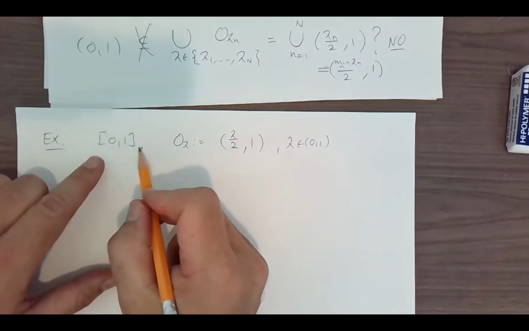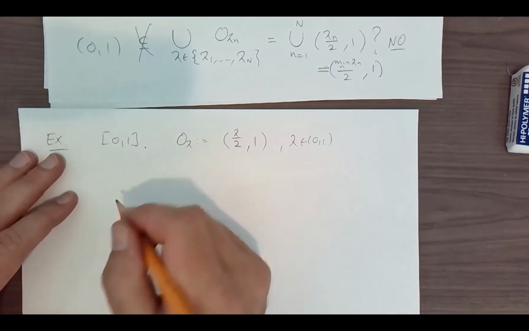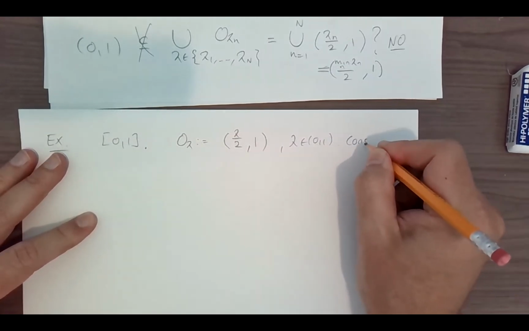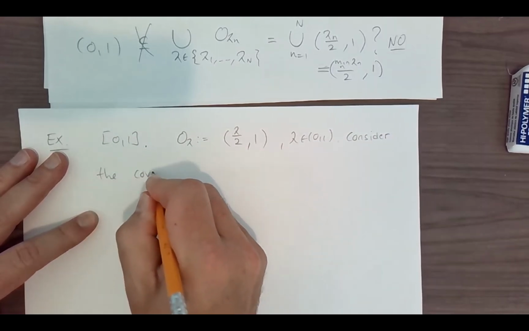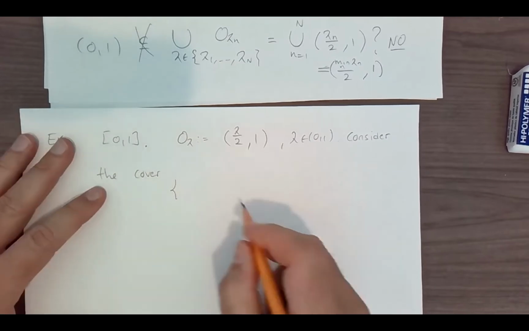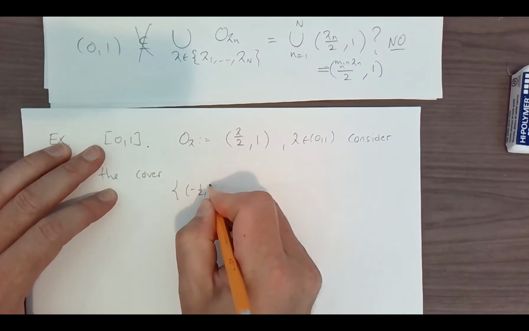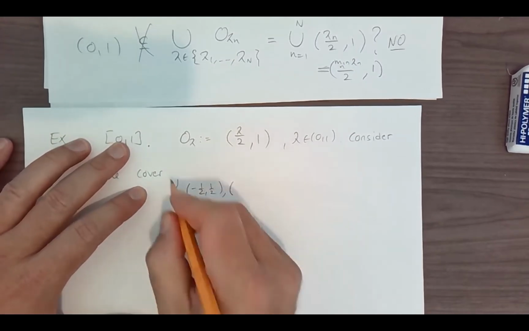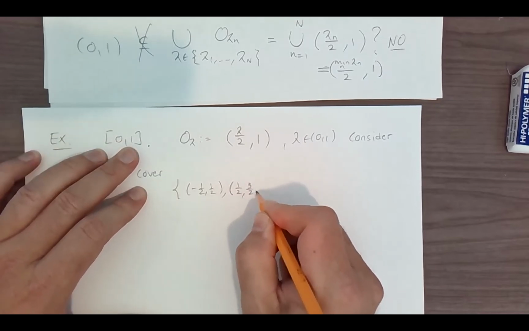But we need to worry about the endpoints here. So we consider the cover. I need to have an open set that will encapsulate 0. So let me do -1/2 to 1/2, say. Then I also need something up on the other end. This could be 1/2 to maybe 3/2.